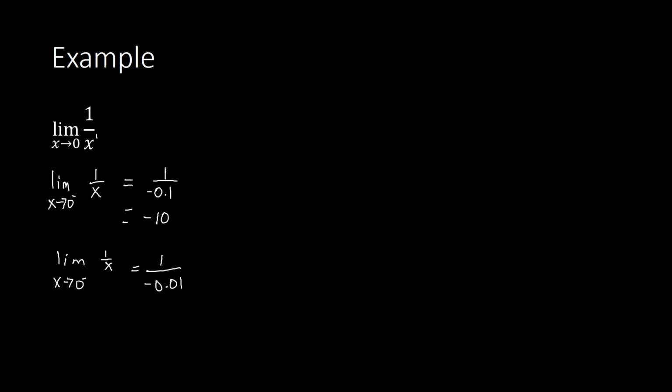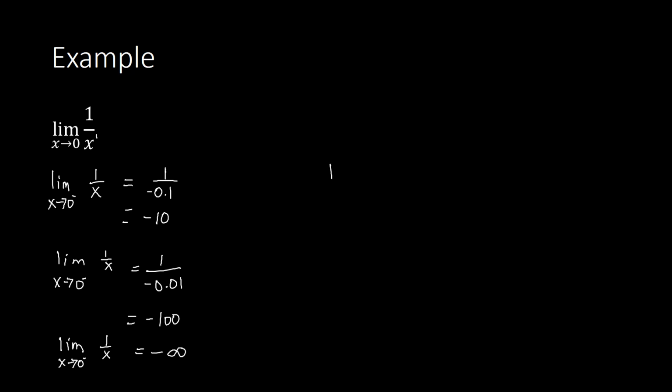So 1 divided by negative 0.01 will be equal to negative 100. So that will be becoming bigger and bigger. Now you can add more zeros in between 0 and 1 here, and it will become bigger and bigger. So we have the limit of 1 over x as x approaches 0 coming from the left side. That's a negative infinity.